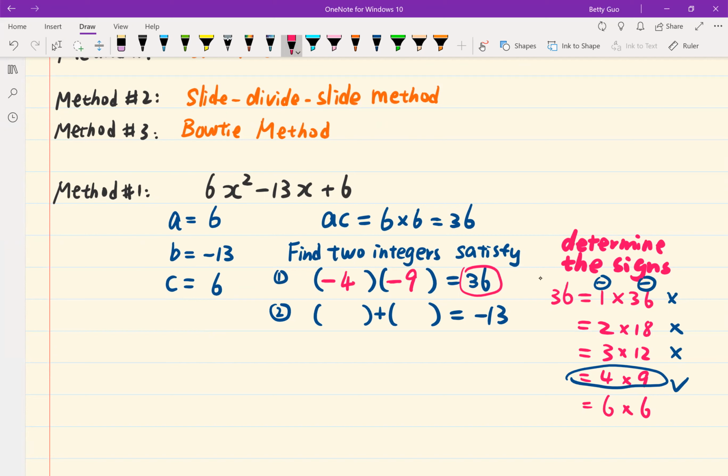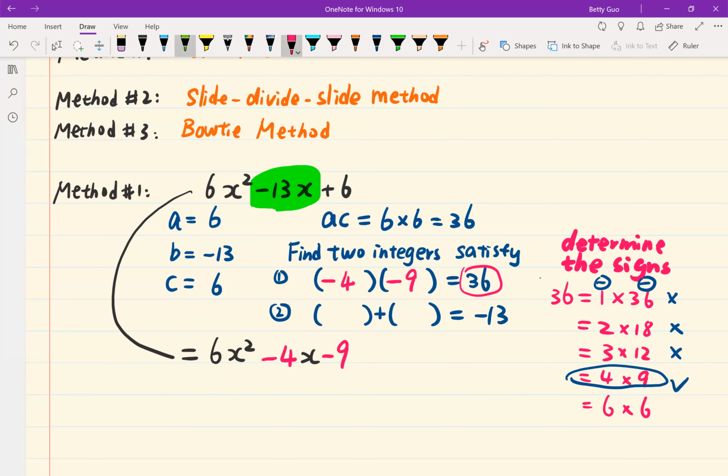Here, how do we use the two integers that we just found? We are going to use the two integers to rewrite the middle term in the original trinomial. The middle term in the original trinomial is negative 13x. We are going to write the original trinomial as: copy the leading term, 6x squared. Rewrite the middle term as negative 4x minus 9x.